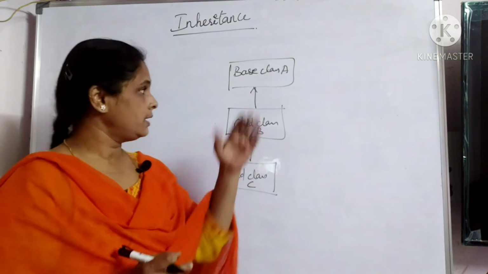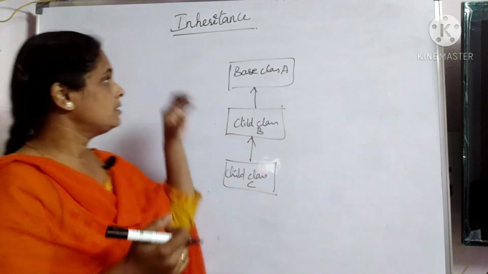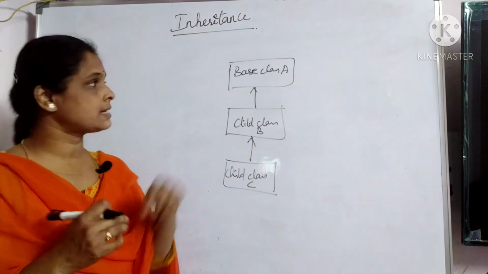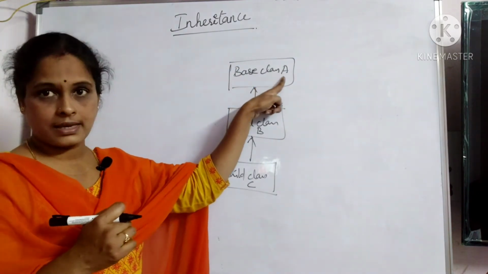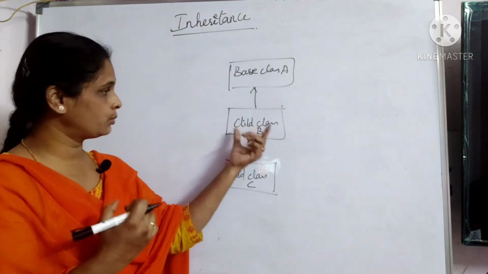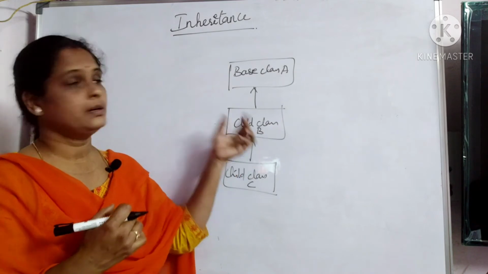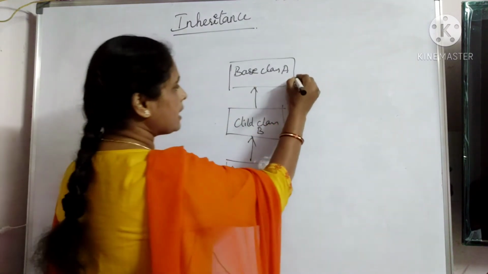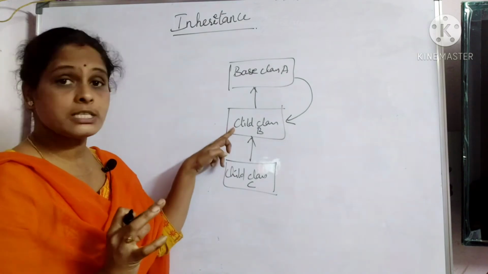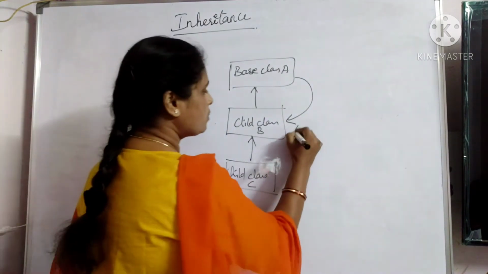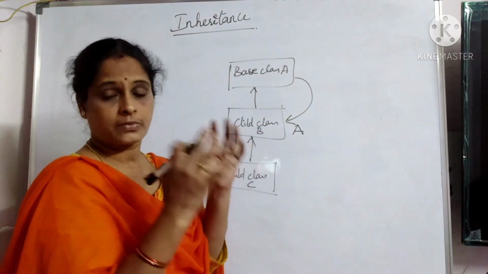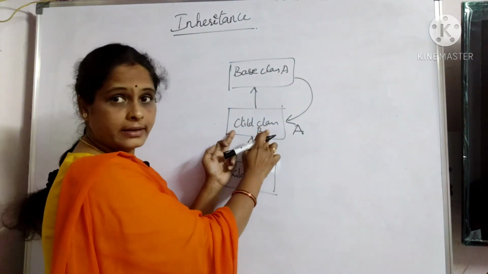Now, here what is happening is whatever qualities are there in class A will be inherited into class B. And now when A has given its qualities to B, what does B have? B has the qualities of A, the characters of A, and also its own characters.